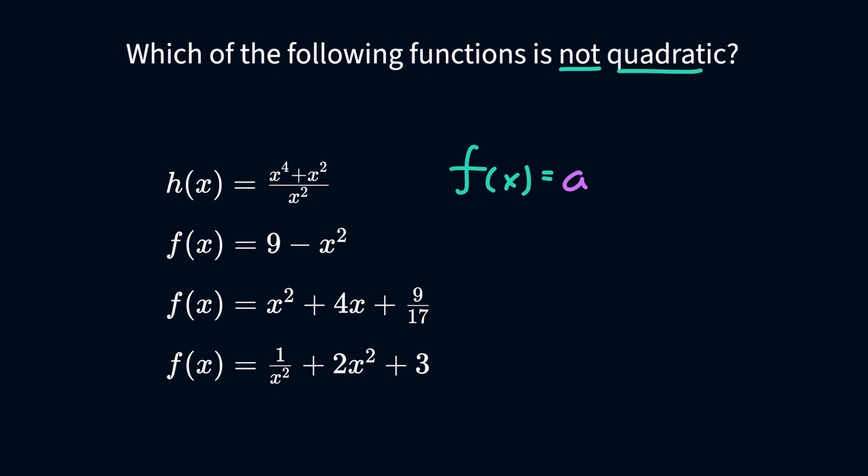It has some leading coefficient of a multiplied then by our variable, in this case it's x squared, plus some coefficient of b multiplied by x just raised to the first power, plus some coefficient c. Now, the most important term, remember, is the x squared term.